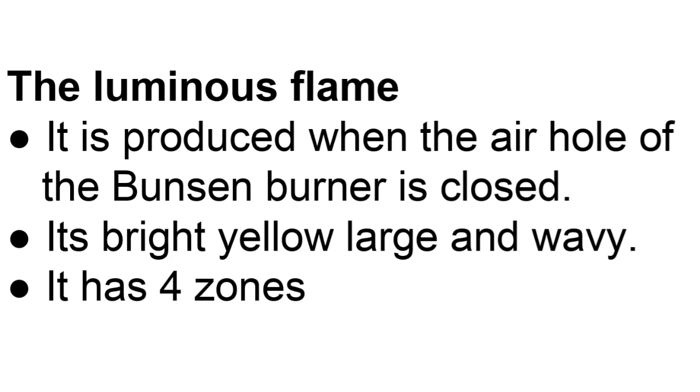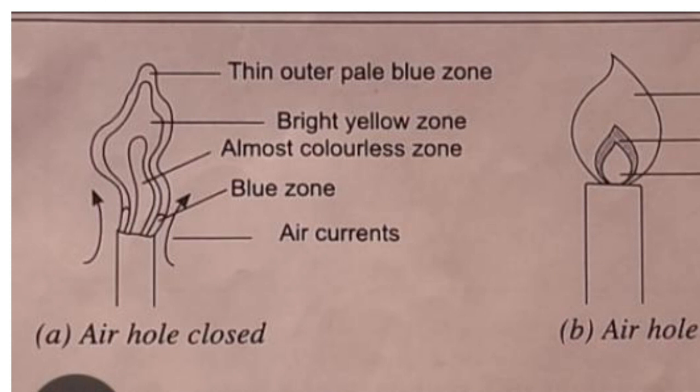Now we can have a look at the diagram of the luminous flame shown. I hope you are able to see the blue zone. Then you are able to see the almost colorless zone, followed by the bright yellow zone, and finally we have the thin outer pale blue zone.